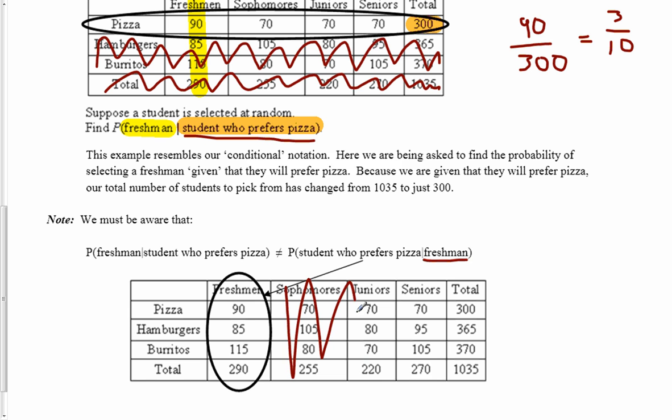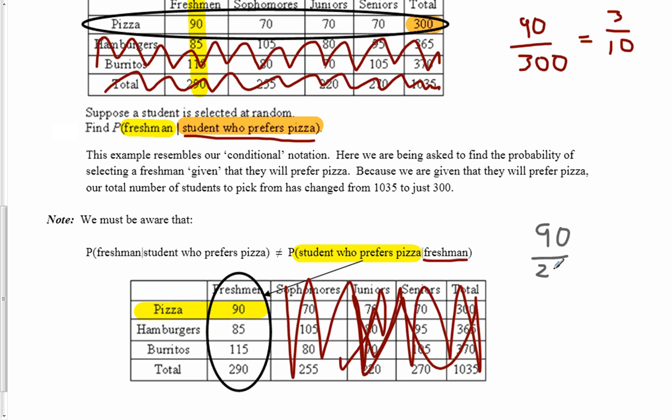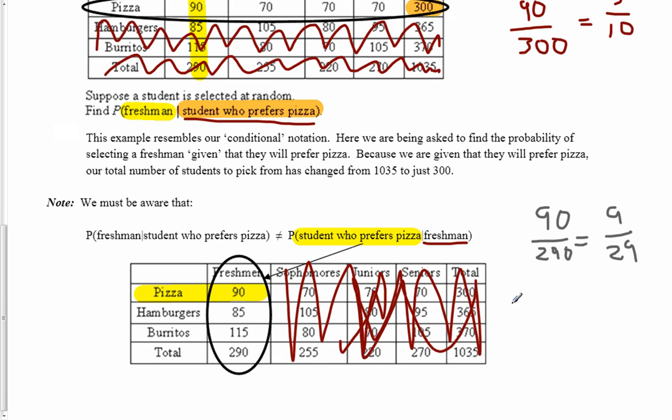You scribble out everyone else, and then you say, what is the probability that it's a student who prefers pizza? Well, 90 out of the new total here, which is 290. So it would be 90 over 290, which is going to reduce down to 9 over 29. And that's conditional probability.